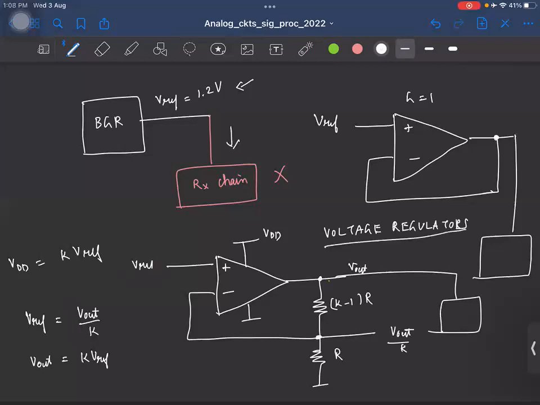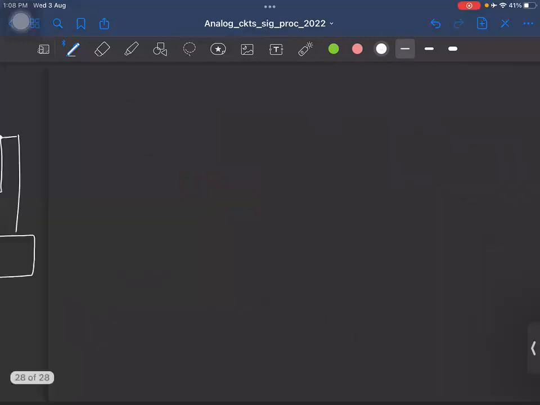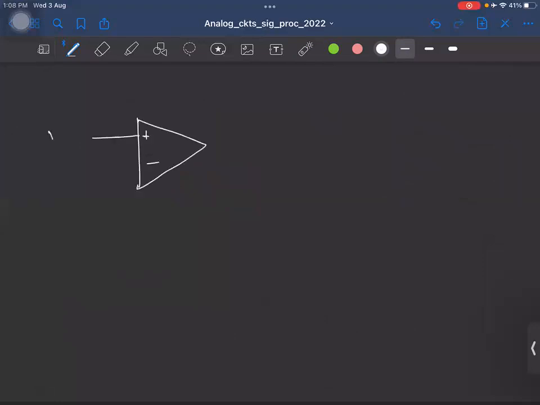Okay, and this kind of a non-inverting amplifier based configuration is a very simplistic method of realizing a voltage regulator. Okay, but as it turns out, this is not a great solution, although it works. Let me explain that.